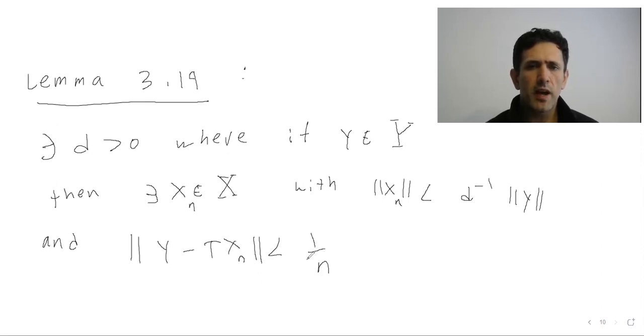You don't really have any compactness in a general Banach space. If you have a reflexive Banach space, then you certainly have that any bounded sequence has a convergent subsequence, using the Banach-Alaoglu theorem that we proved.